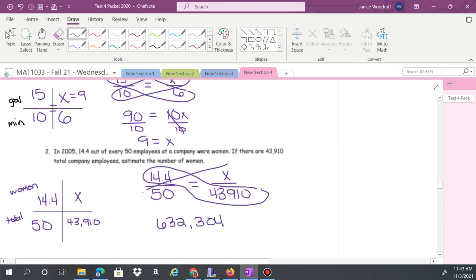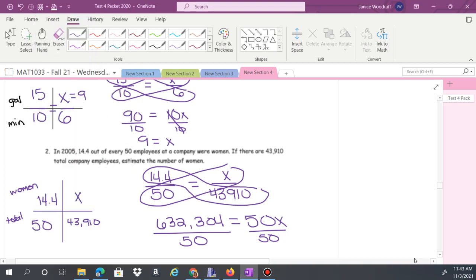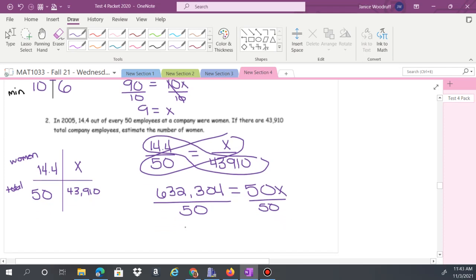And then 50 times x will give us 50x. And then we want to divide by 50. Okay, so that gives us 12,646. We'll round that down. For the total number of women in the company.